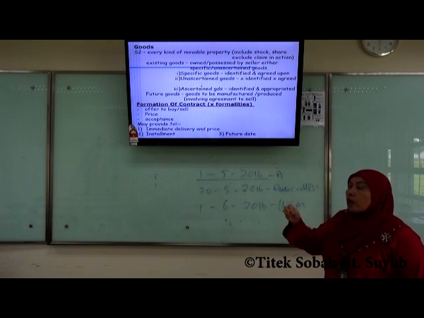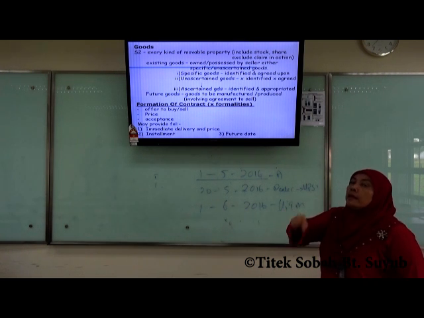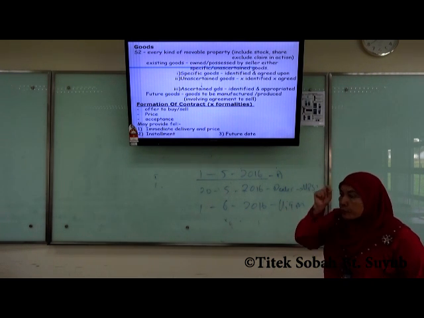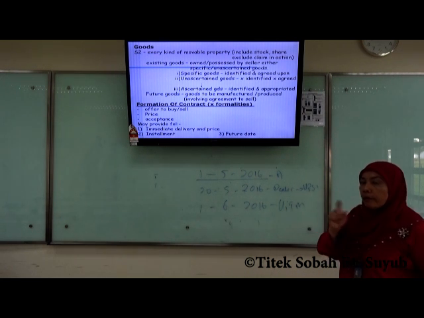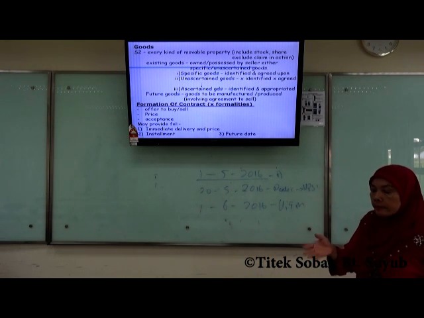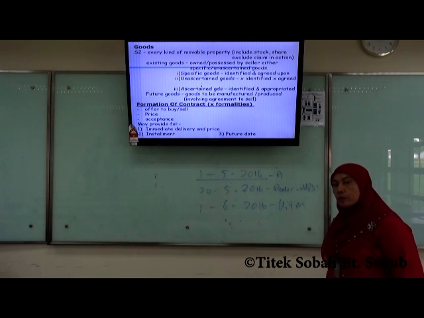Why? Because it is appropriated for me. Telah diasingkan untuk saya. Originally it was specific goods, I ordered specific, I want this lipstick. However, it's not appropriated yet. So once it is appropriated, diasingkan, it becomes ascertained goods.